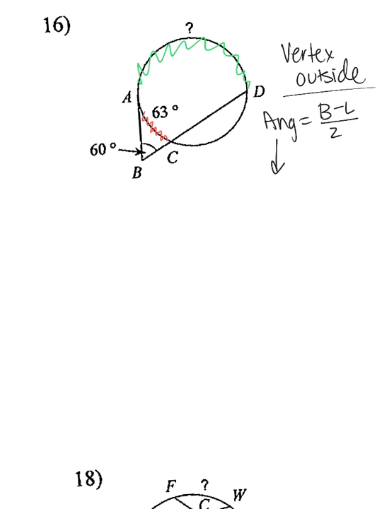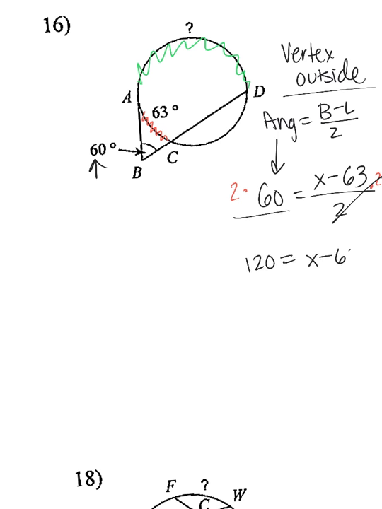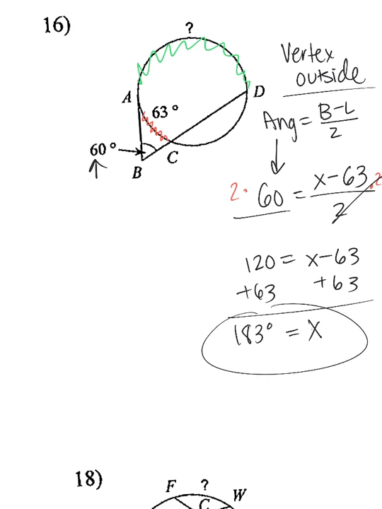So the angle is 60, equals the big arc, which we don't know, minus the little arc, which we do know is 63, divided by 2. I need to get rid of that divided by 2, so I'm going to multiply by it on both sides. They'll cancel on the right, but on the left they'll make 120. And then I can add that 63 to both sides to get x by itself is equal to 183 degrees.